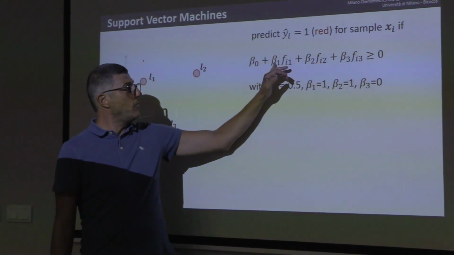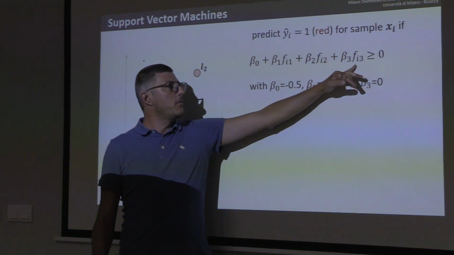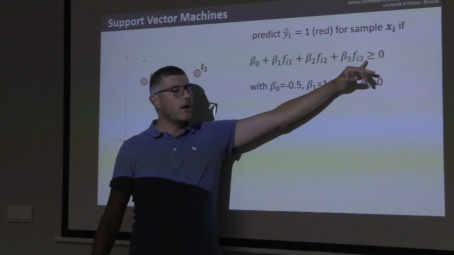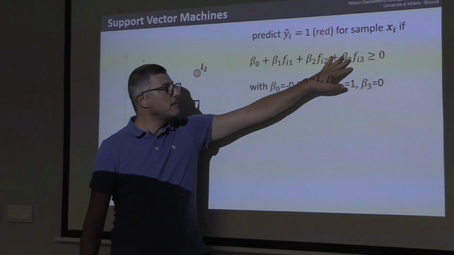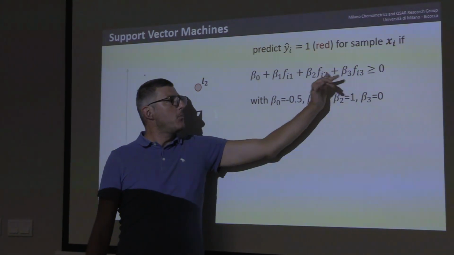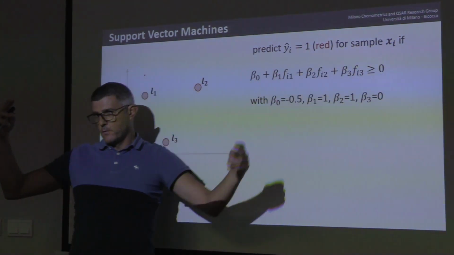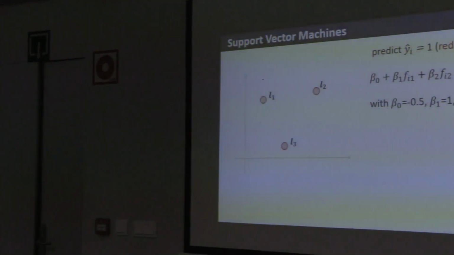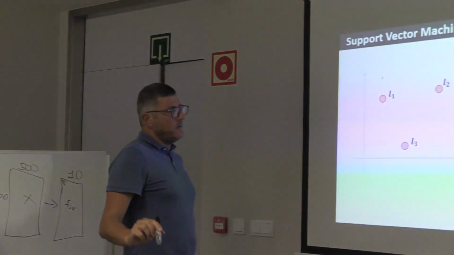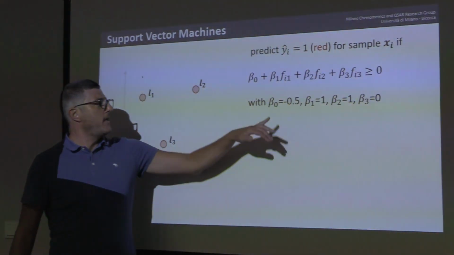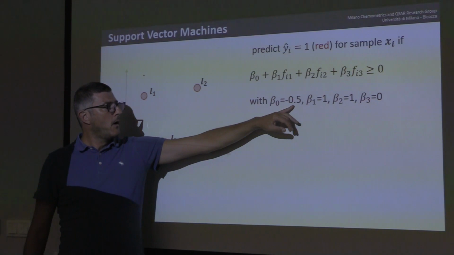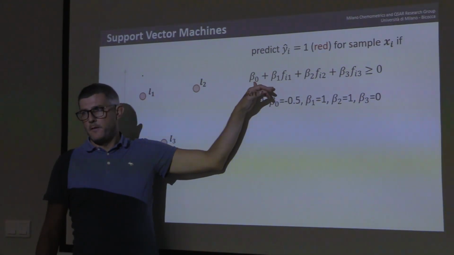Then we classify our sample as red if the linear combination of these new features, not the original variables, but these new features, is higher than 0. It's exactly the same, but you don't have the original variables, you have these new features, which are the similarity with respect to these landmarks. Imagine, by chance, that the coefficients are minus 0.5 for the intercept.